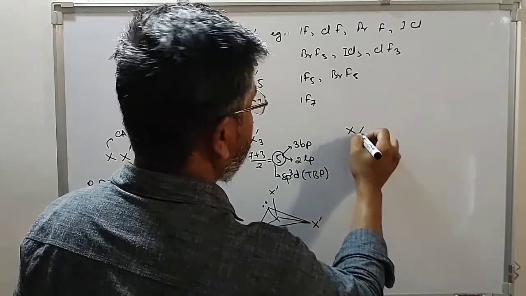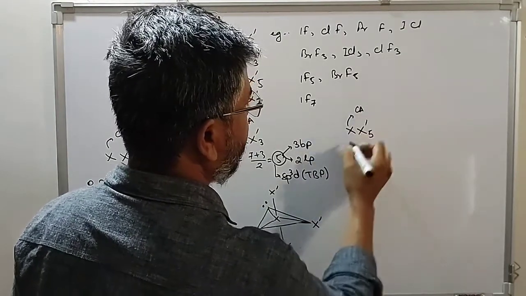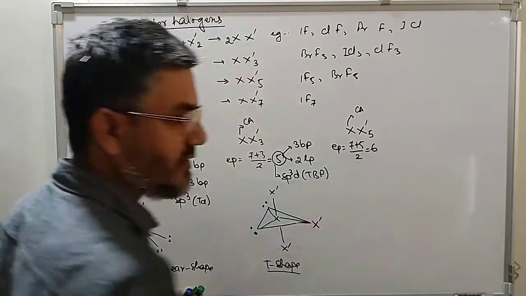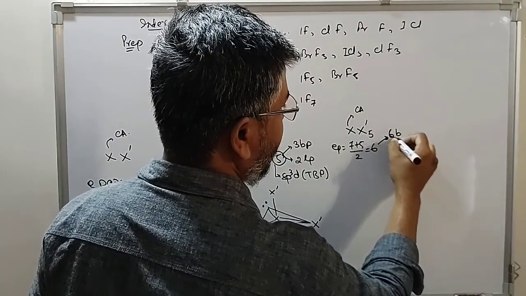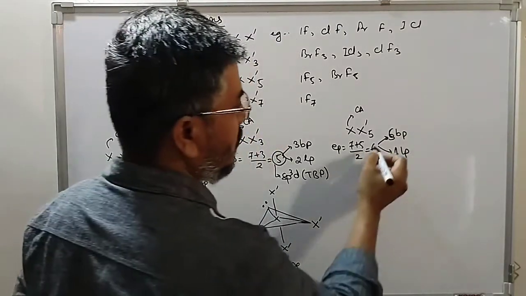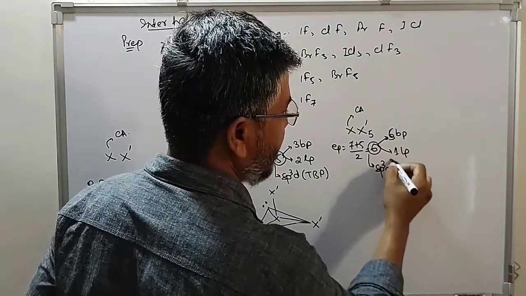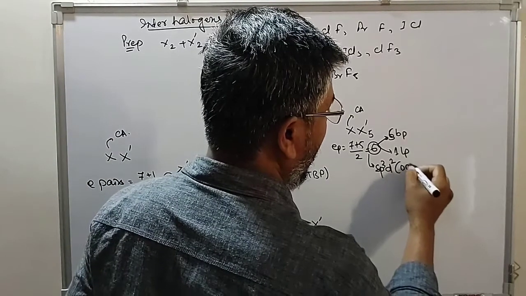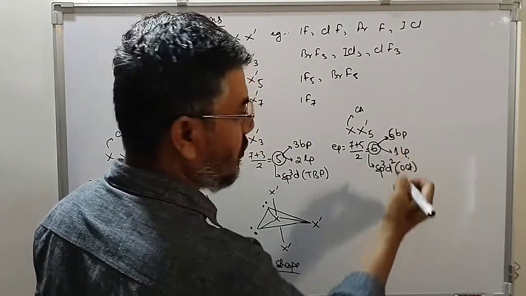Now coming to XX prime 5, again X is the central atom, so electron pairs are 7 plus 5 by 2, so we have 6 electron pairs. Number of other atoms is 5, so we have 5 bonded pairs and 1 lone pair. Since the total electron pairs is 6, we require 6 hybrid orbitals, so the hybridization is sp3d2. The geometry will be octahedral, but the shape will be different because of the lone pair.